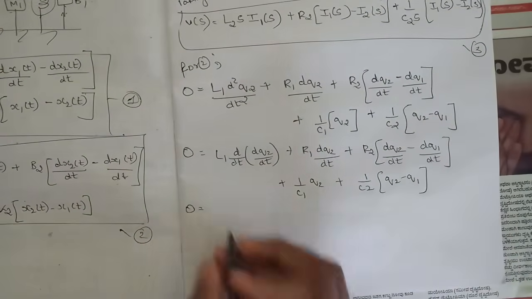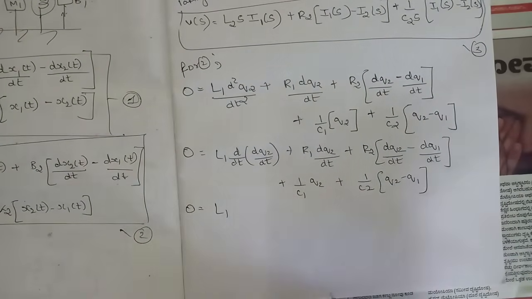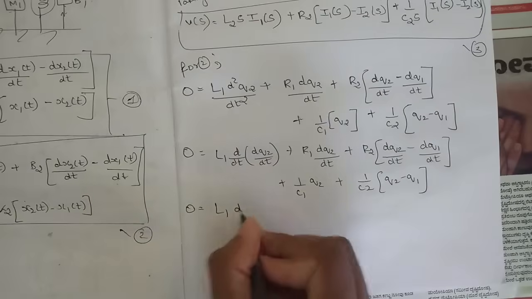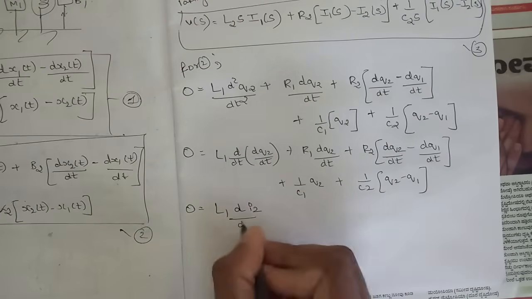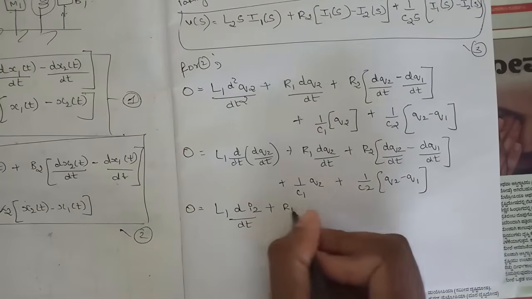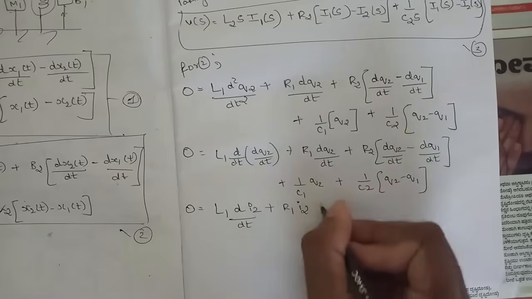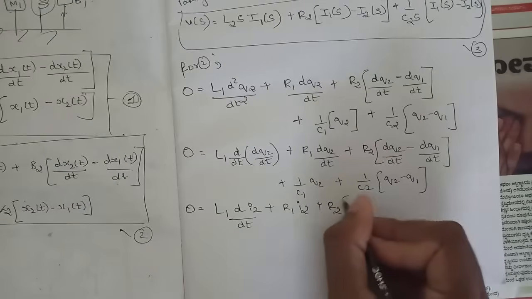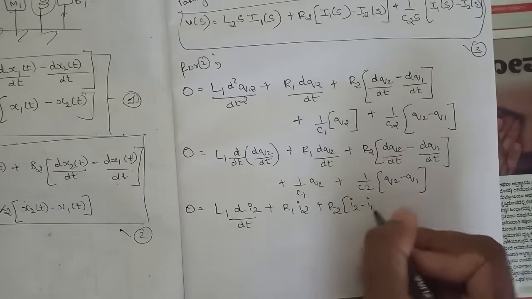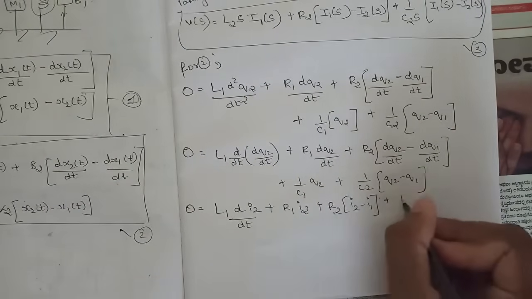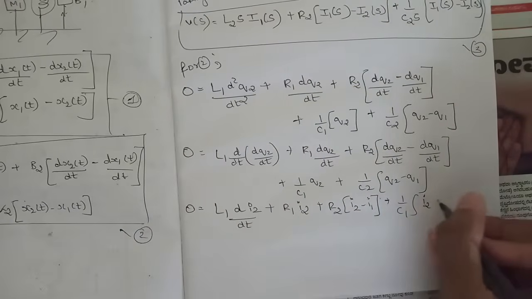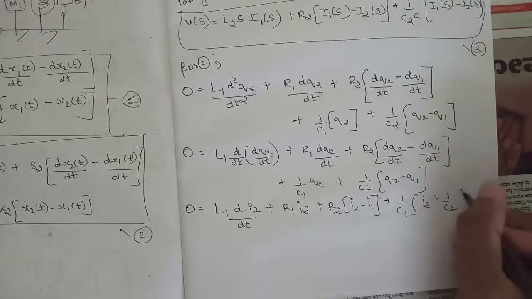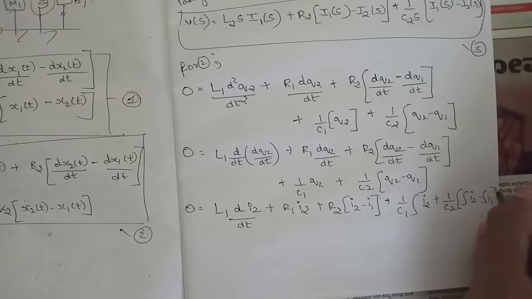So now replace dq by dt by I. Since we have q2, it would be di2 by dt plus r1 into I2 plus r2 into I2 minus I1 plus 1 by C1, since we have Q2, that's equal to integration of I2, plus 1 by C2 into integration of I2 minus integration of I1.